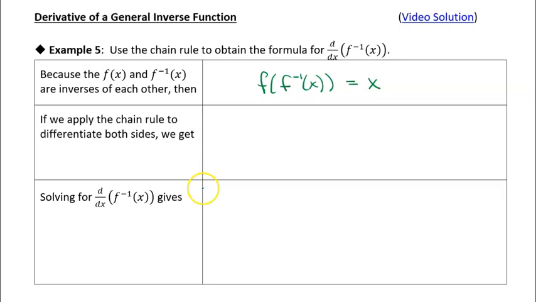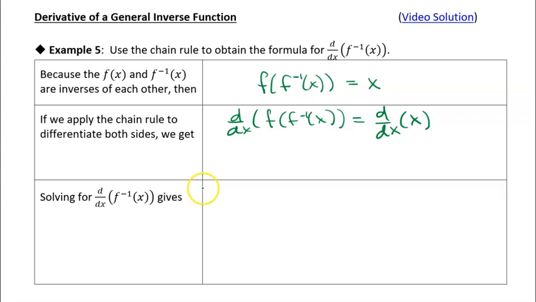And then we're going to take the derivative of both sides. So d/dx of f of f inverse of x, and then d/dx of x. Okay, so again, we need to use the chain rule.